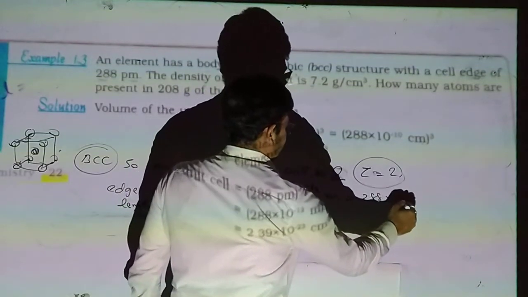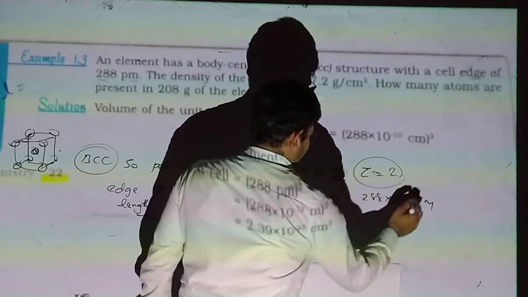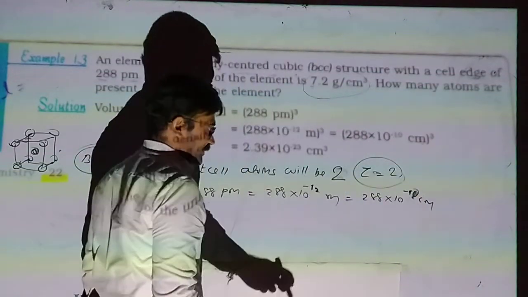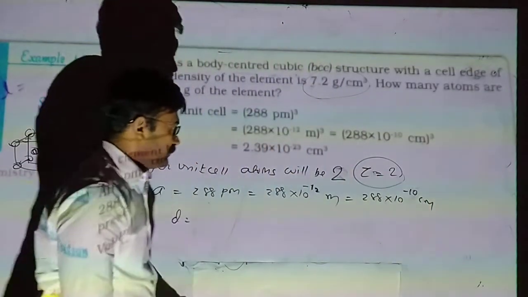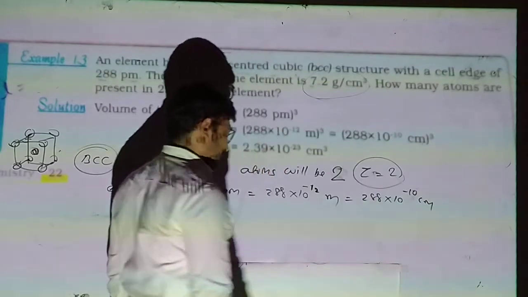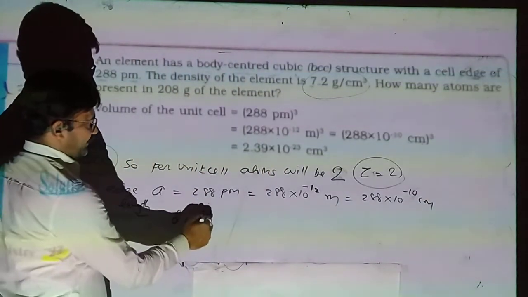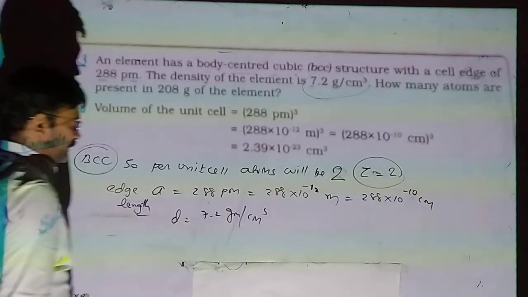Once again we are converting into CGS. Why? Density is in CGS, units should be in the same form. Meter multiplied by 100 gives centimeter. Density is 7.2 gram per centimeter cube.